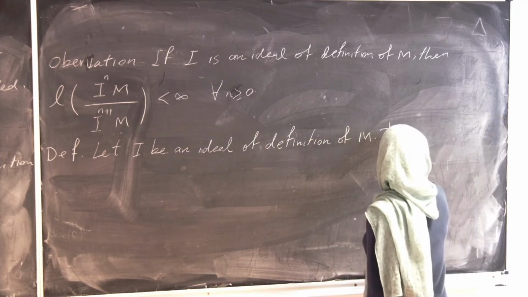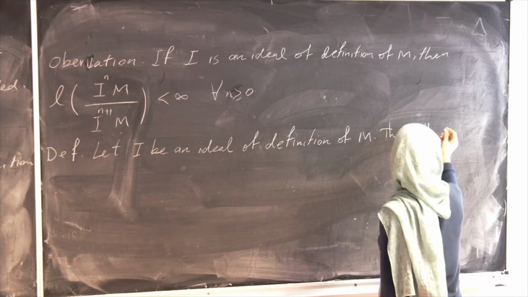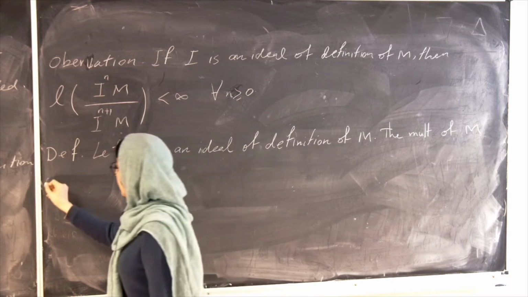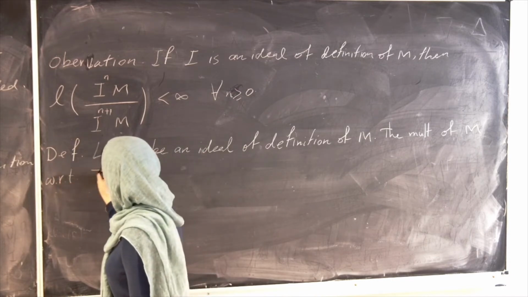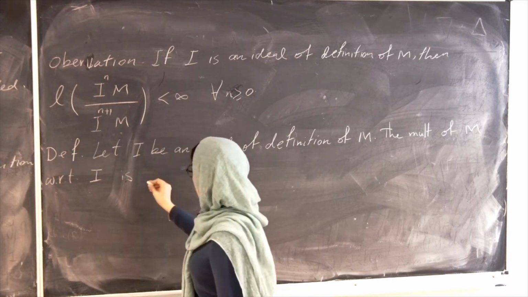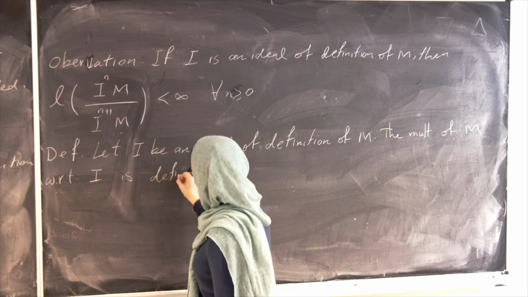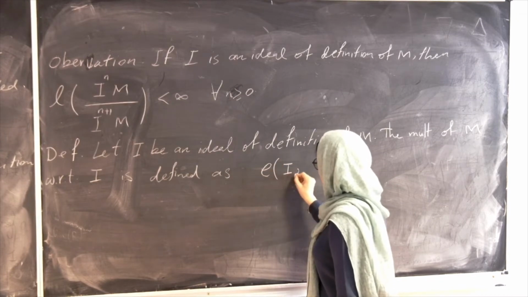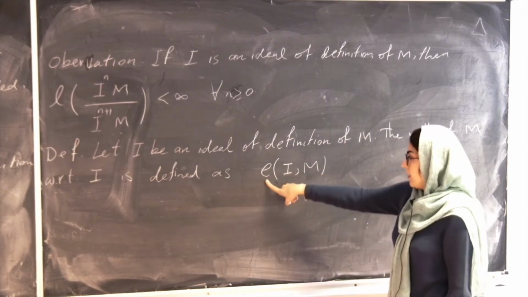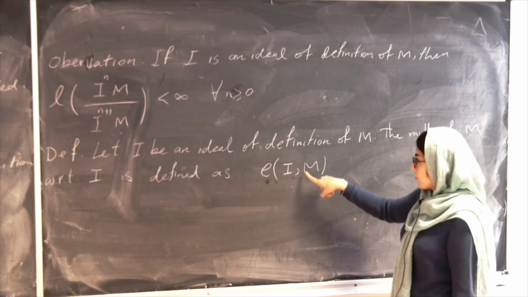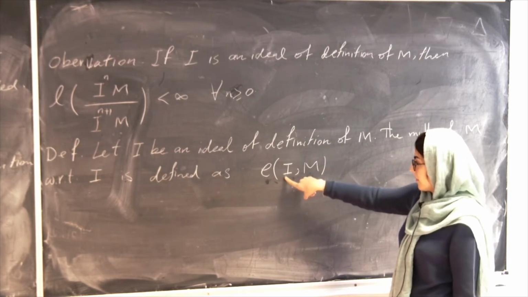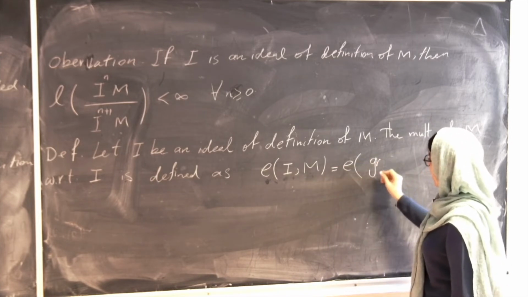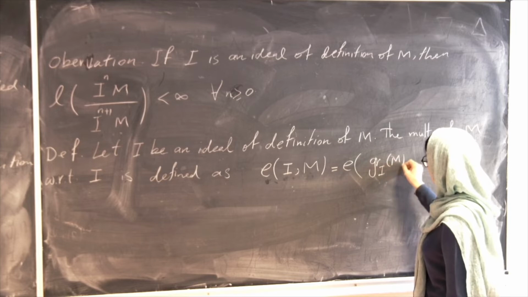The multiplicity of M with respect to the ideal I, we show it by e(I, M). This shows that the multiplicity is with respect to I. This is just the multiplicity of the associated graded module of M with respect to I.